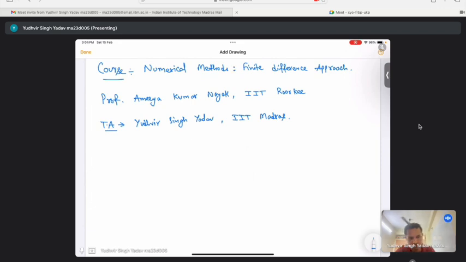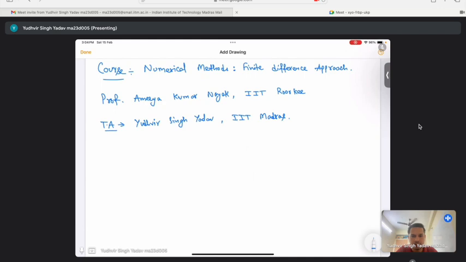So in the last lecture, we have seen that to solve a second order two-dimensional heat equation, one must use the ADI scheme, which is more efficient than the classical Crank-Nicolson and Schmidt schemes. In the Crank-Nicolson scheme, we get a pentadiagonal matrix, which is difficult to solve, whereas in the ADI scheme we have a tridiagonal system of matrices.